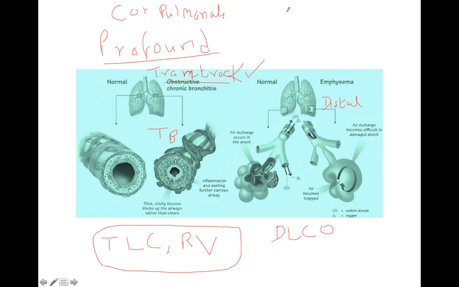Wheezing occurs whenever there is involvement of the terminal bronchioles. Since the respiratory bronchioles, alveolar ducts, and alveoli are destroyed in emphysema, the patient will have decreased surface area, causing decreased DLCO. The patient will have a hyperinflated chest, decreased vascular markings, and also dyspnea. So these are the descriptions.